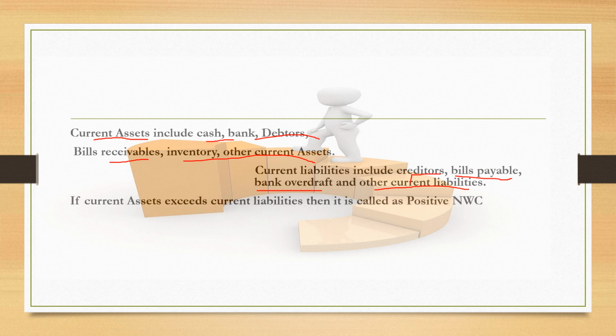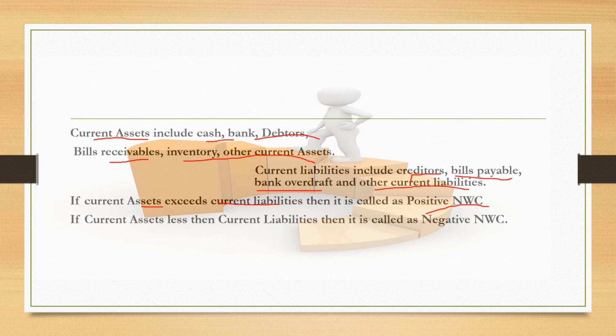If current assets exceed current liabilities, then it is called positive net working capital. If current assets are more than current liabilities, then we call it positive net working capital. Next, if current assets are less than current liabilities, then it is called negative working capital.